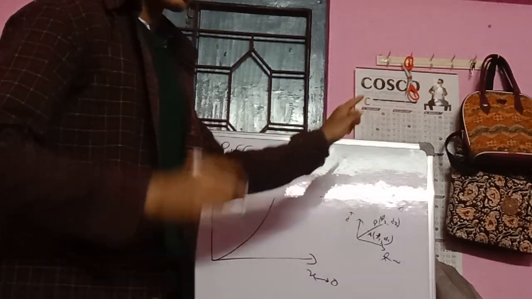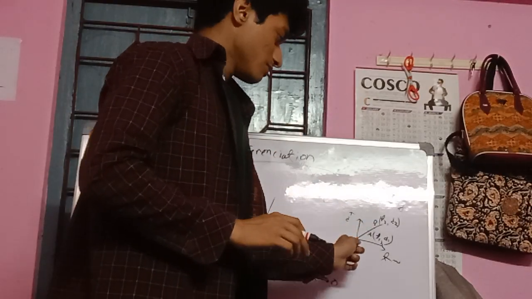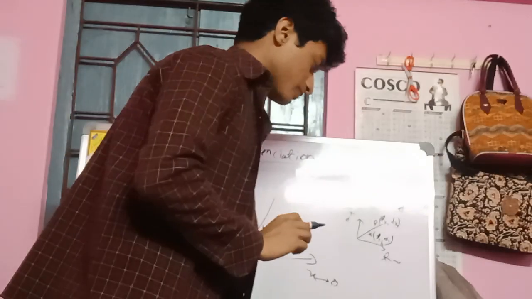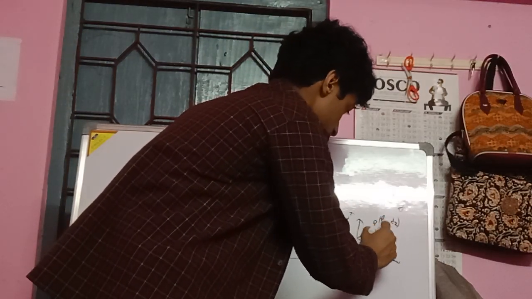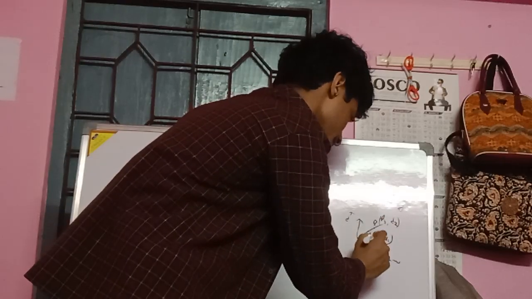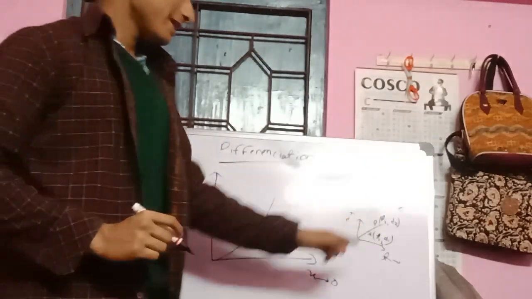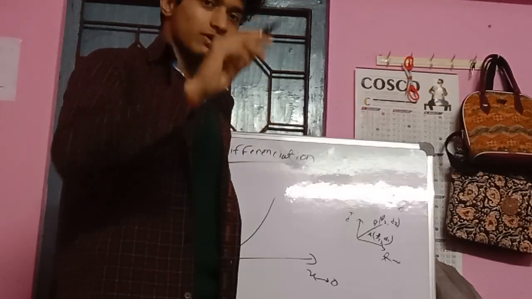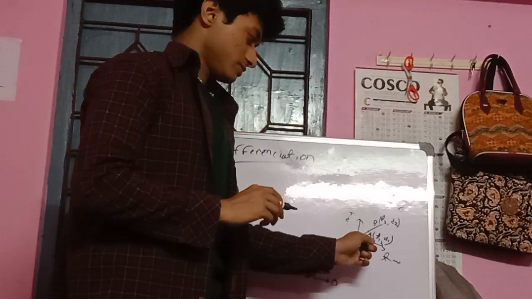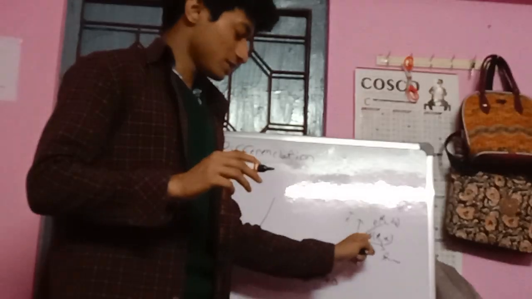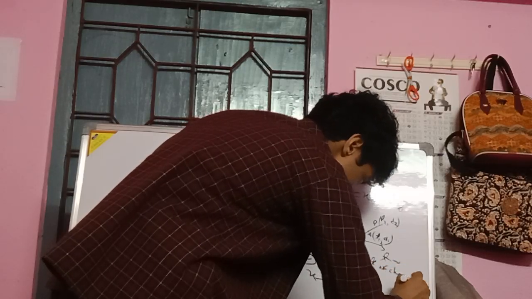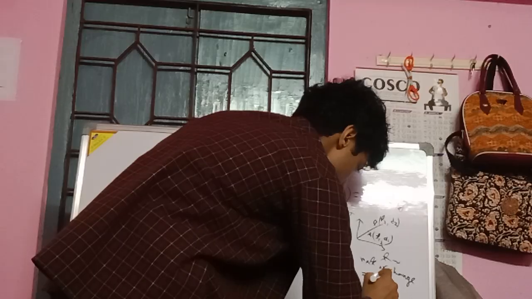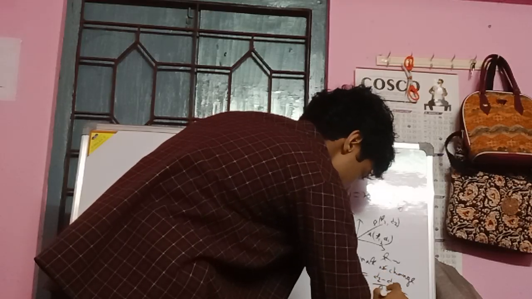Now, what would be the rate of change of this graph? How fast does this graph change? Wouldn't that be the y coordinate at B minus the y coordinate at A, divided by the x coordinate of point B minus the x coordinate of point A? So the rate of change here would be d2 minus d1 by t2 minus t1.